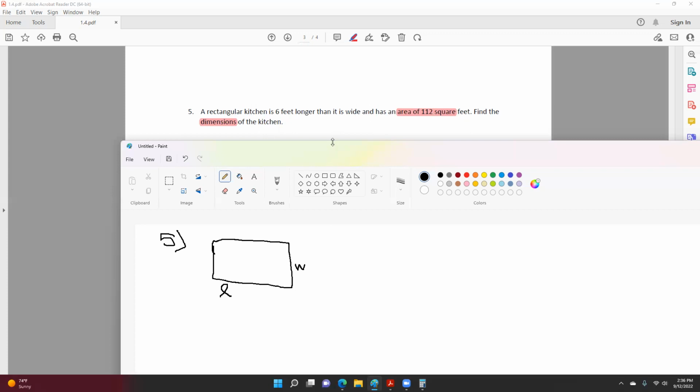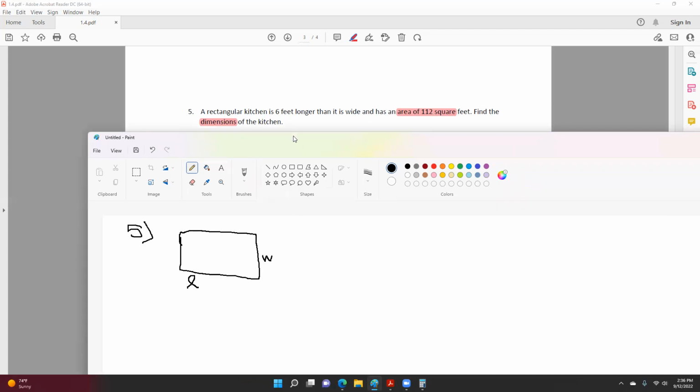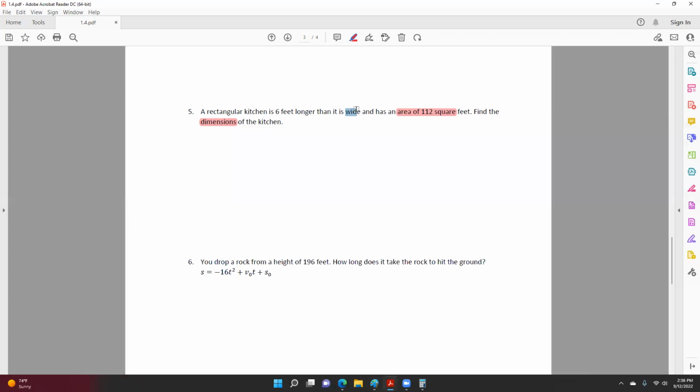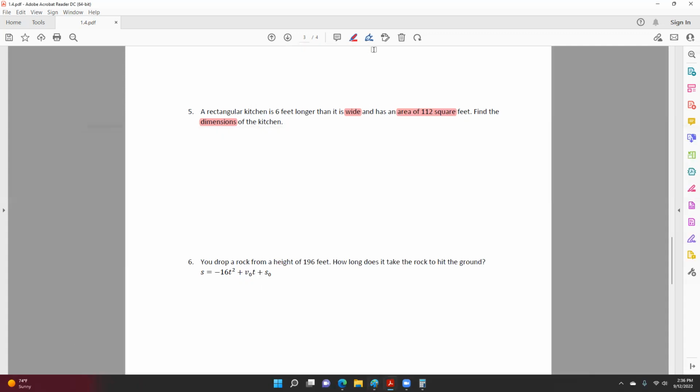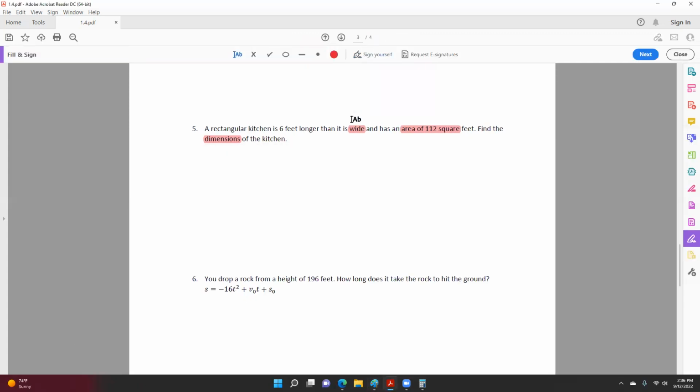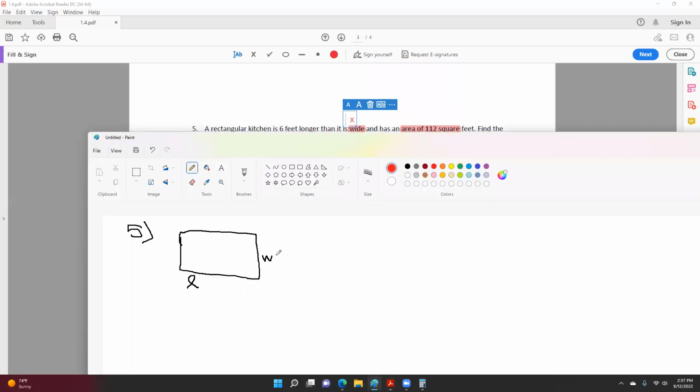So can someone tell me which one is your x in this case? The length or the width? So you find out that the width comes at the very end, right? That will be your width. So that means your width in this case will be x.